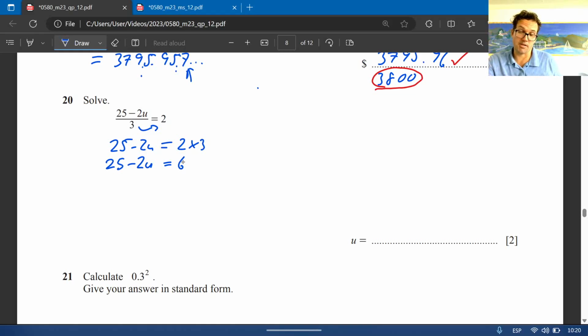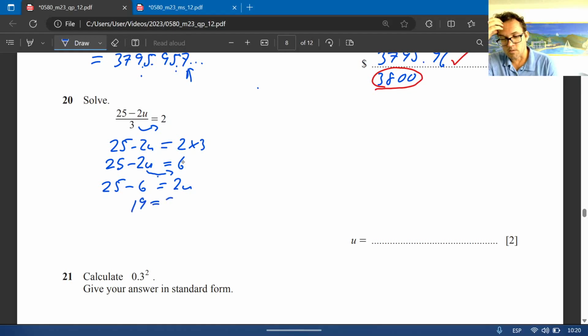I'm going to subtract 6 from both sides, which gives us 25 minus 6, and I'm going to add 2u to both sides. Basically, I've moved the 2u there, negative becomes positive, and I moved the 6 there, positive becomes negative. That gives us 19 equals 2u, and then we divide everything by 2. Half of 19, of course, is 9.5.